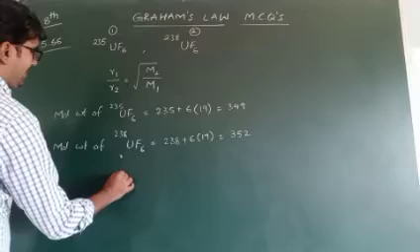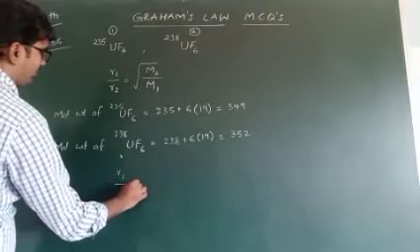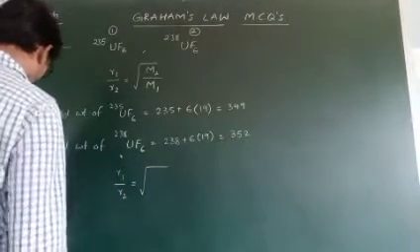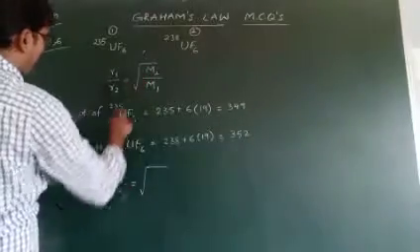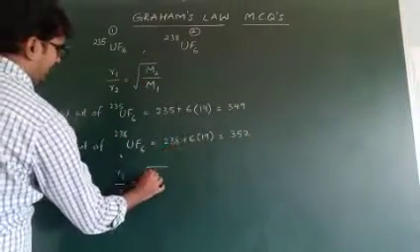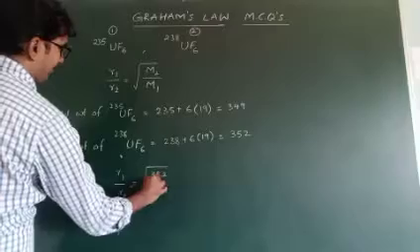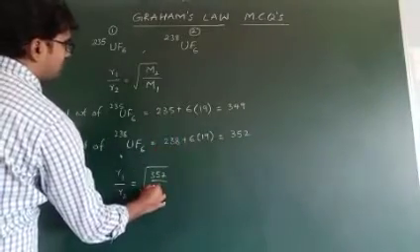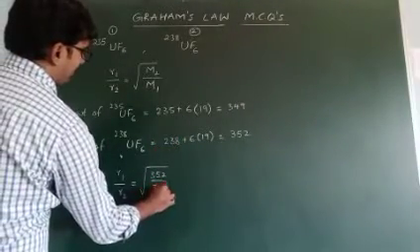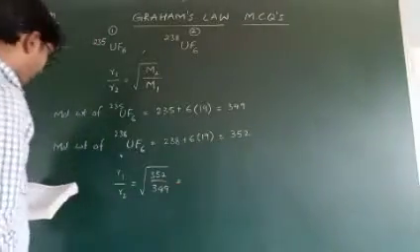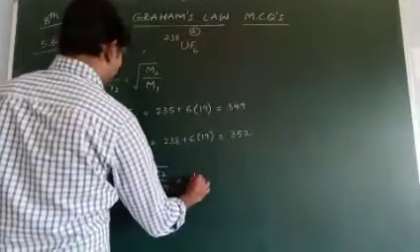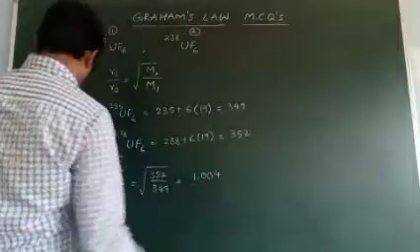Now calculate the comparison of the rates. R1 by R2 equals root over M2, the second one, 352, by M1, the first one, 349. So this is equal to 1.004.